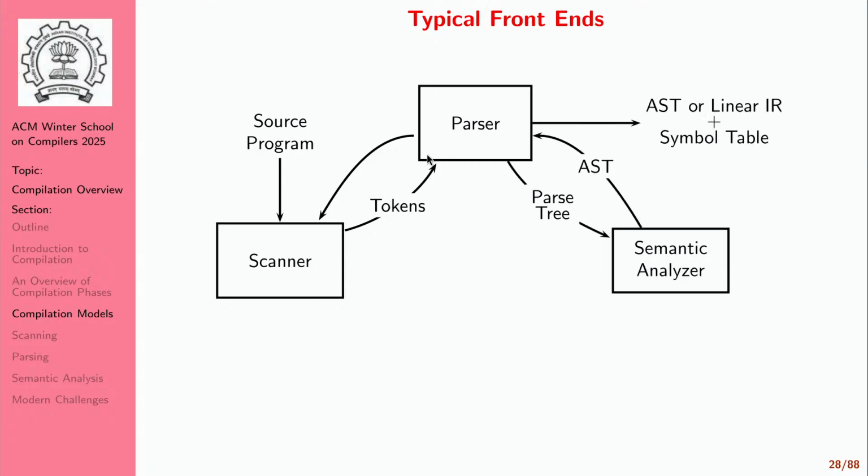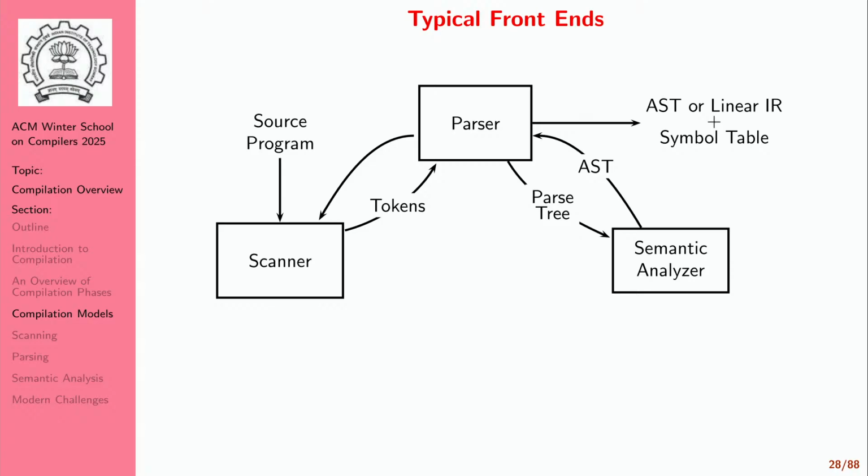Once the parser has identified a structure that it recognizes as a sufficiently independent structure, this structure could be an expression, an assignment statement, a while loop, or a compound statement. Once the parser identifies that structure, it calls the semantic analyzer. So the parser internally says, okay, now I have seen an expression. Hey, semantic analyzer, tell me the semantics of this.